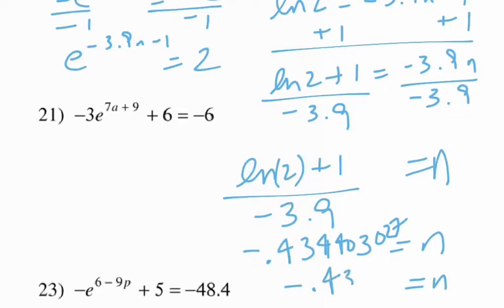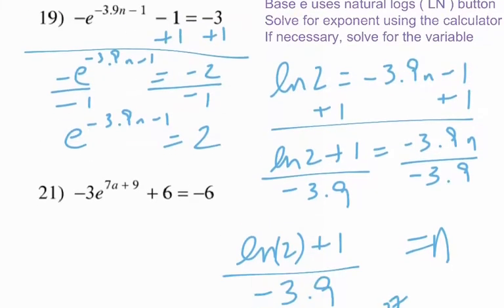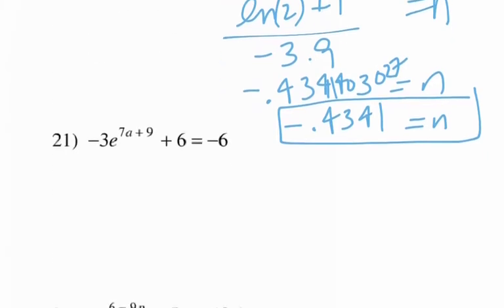And negative 0.4341 is my correct answer. Oh, I'm missing a 1 in there, actually. So there's a 1 in here, and then this would be 1. Thought that was wrong. Okay, so let's move on. I got 3 more questions to solve. I'm going to bring this down here.